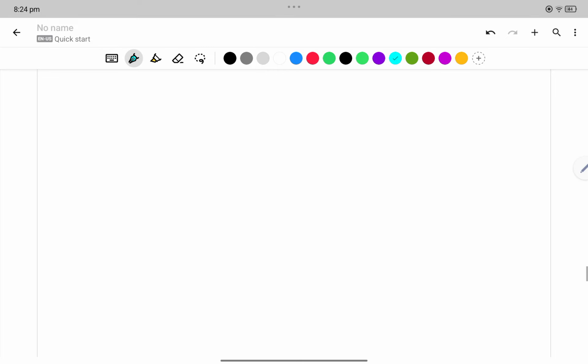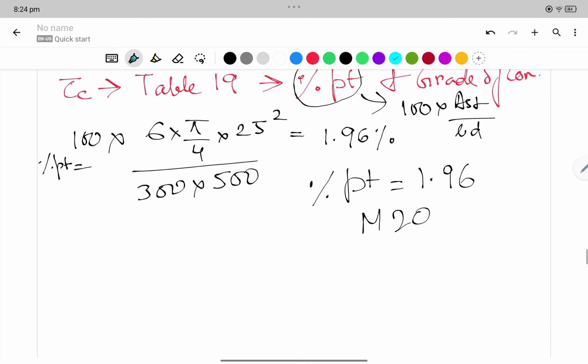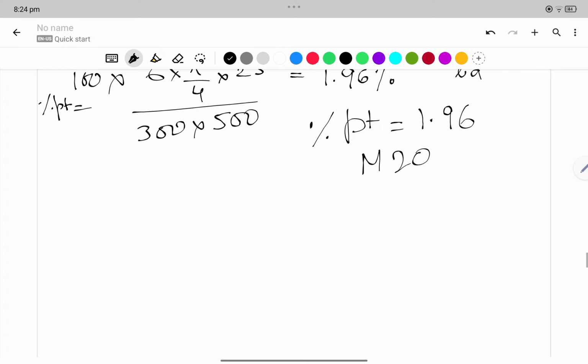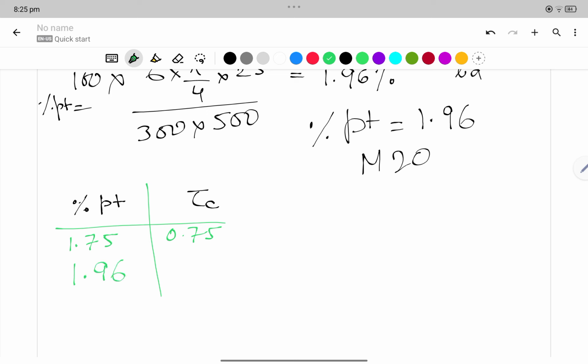Here we will write the percentage of steel, and the tau c value here. For percentage of steel 1.75, we are getting 0.75. We have to find the value for 1.96, and for 2.00 we are getting a value of 0.79.